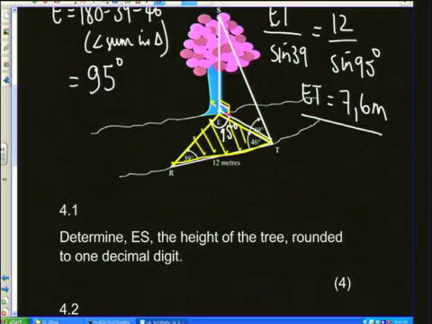What joins adjacent and opposite? It's our tan ratio. So we have the tan of 49 is SE over ET. Therefore, SE would be ET, which we've just found, times the tan of 49.